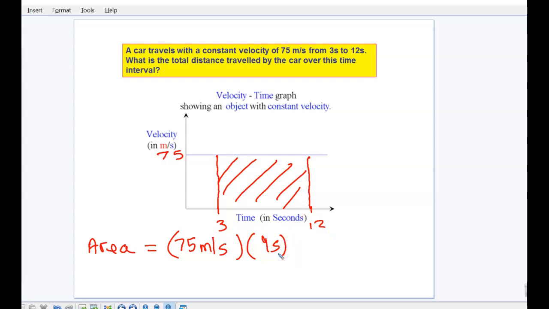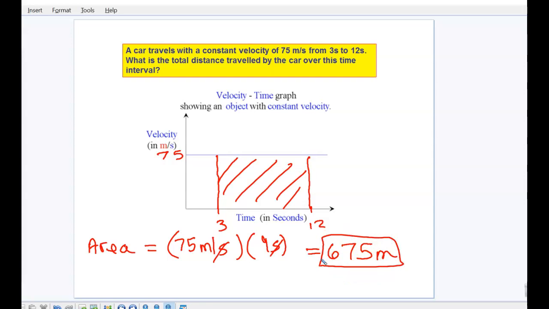And if I was to multiply those together, I would get 675, and the seconds would cancel, and I'd be left with meters. And that would represent the total distance traveled from time 3 to 12.